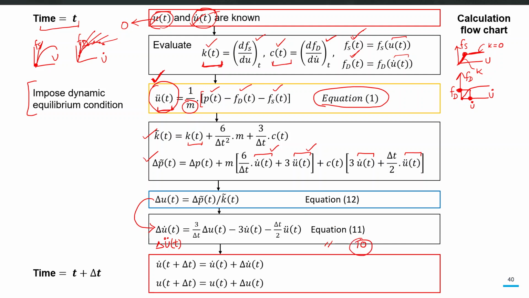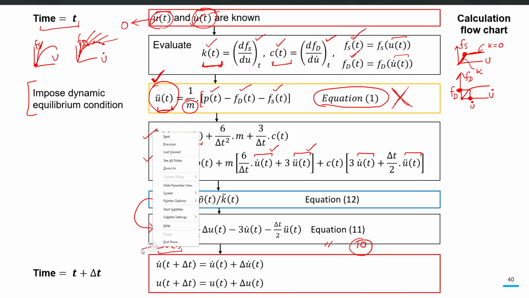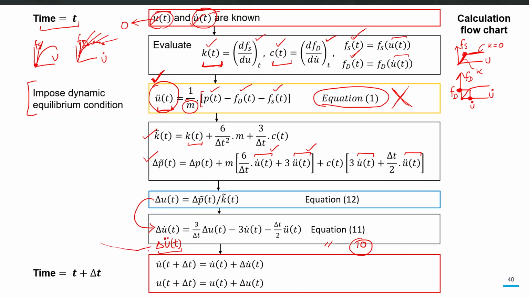And why have we decided this? Because we want to avoid the accumulation of error in each time step. If we don't impose this equation 1, because this was not part of our original plan, we already have equation 10, which gives us the increment delta u double dot, and we can add this increment in acceleration to the starting value of acceleration to get the next value of acceleration.